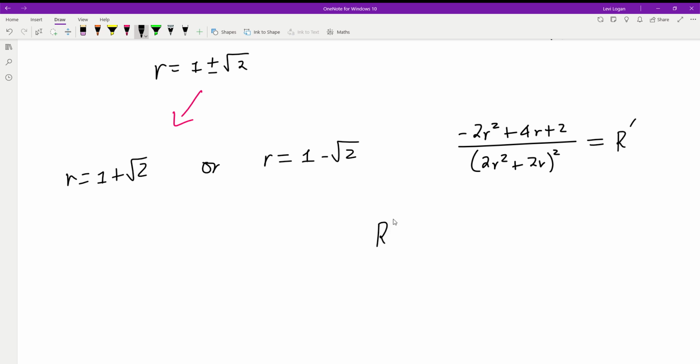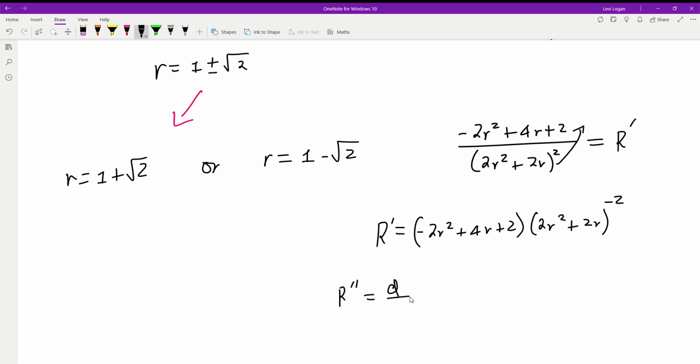So r dash is equivalent to negative 2r squared plus 4r plus 2 multiplied by this. I'm going to bring this up here, so I use the product rule rather than the quotient rule. So this would be 2r squared plus 2r to the power of negative 2. So r double dash basically means differentiate the first term with respect to r, so this one here, and leave the second term.